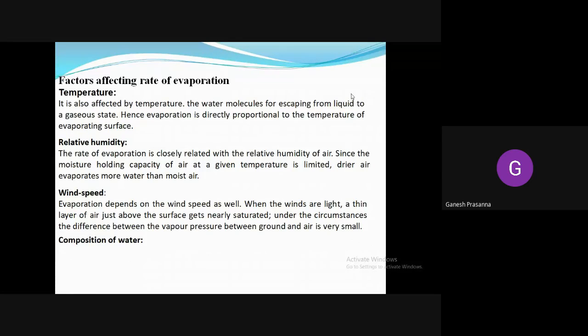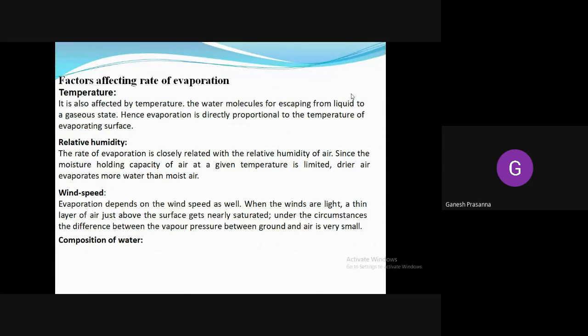Okay, but in the winter season, the rate of evaporation is relatively less because evaporation is directly proportional to the temperature of the evaporating surface. So temperature always plays a very important part in the rate of evaporation. Next is the relative humidity.